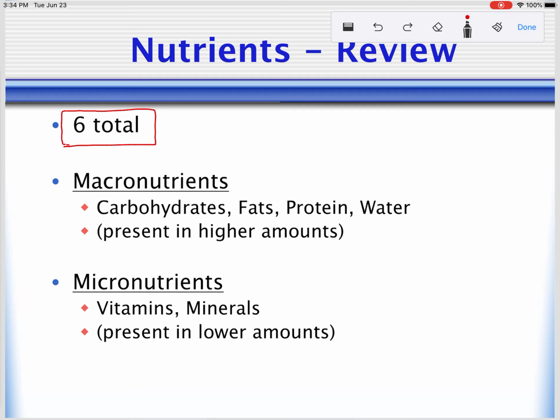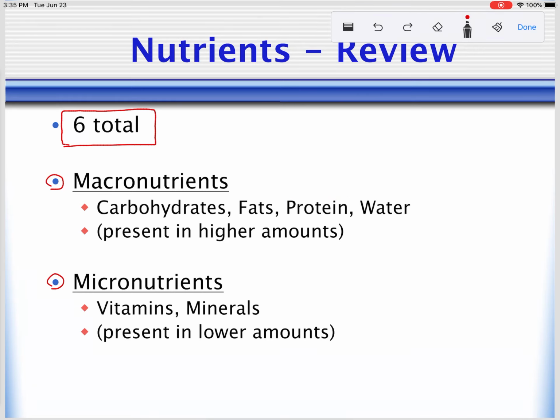And it just so happens that these 6 nutrients are broken down into 2 categories: macronutrients and micronutrients. You might think, by looking at the prefix macro, that a macronutrient is bigger in size than a micronutrient, but that is actually not the case.